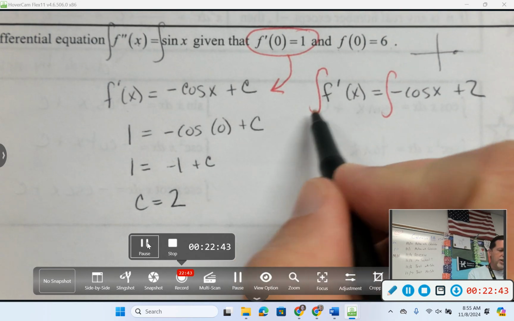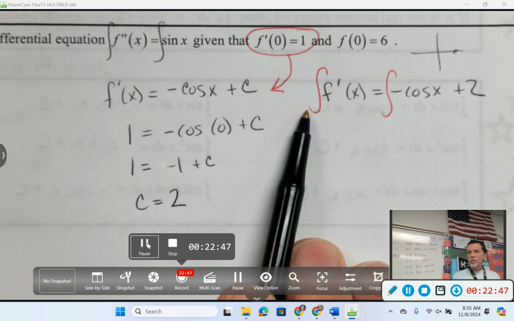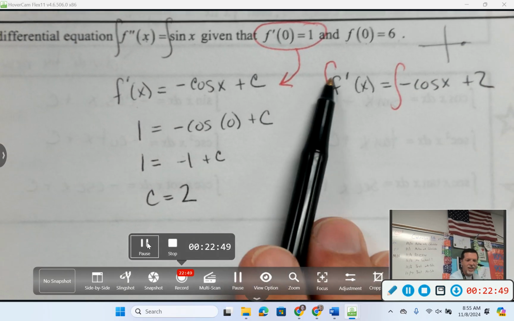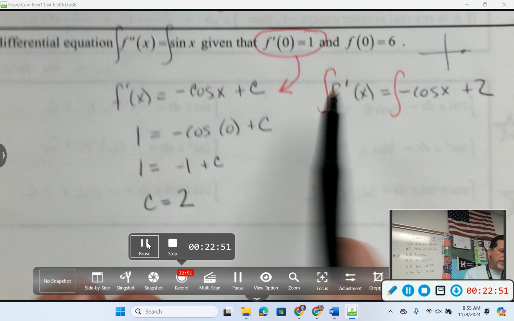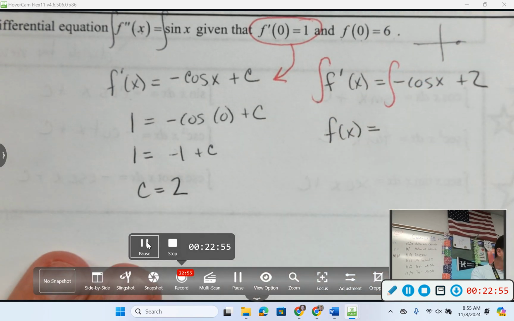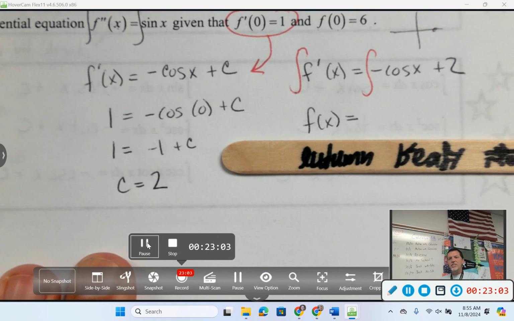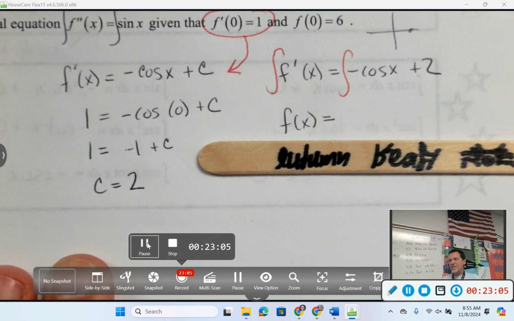because the antiderivative of the derivative, this is sort of like when you square root a square on both sides, they just cancel each other out. An antiderivative of a derivative gets me right back to f of x. Then on the other side, I've got to figure out what function has a derivative of negative cosine of x.